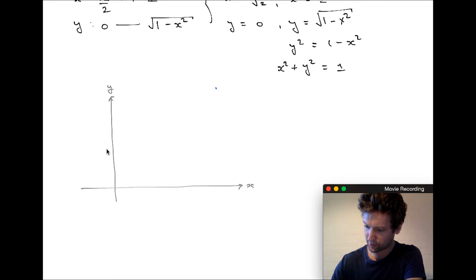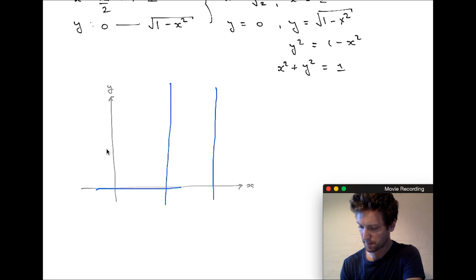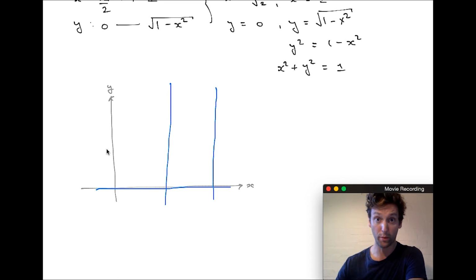Here's x is equal to 1. Here's x is equal to 1 over root 2. We've also got y is equal to 0, that's just the x-axis. And I've got the unit circle, so I'll just draw the upper right-hand quadrant of the unit circle.